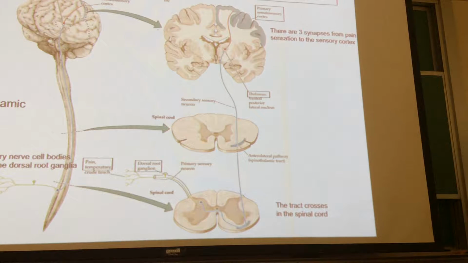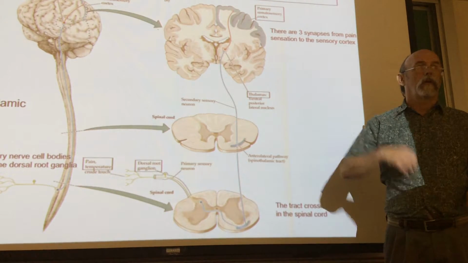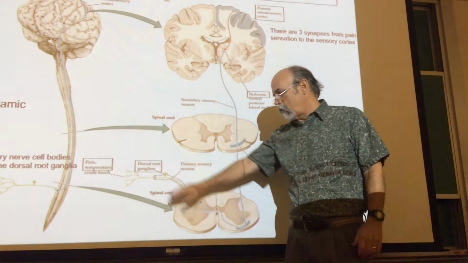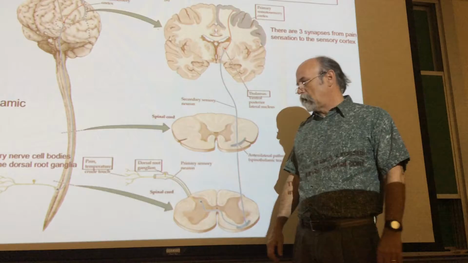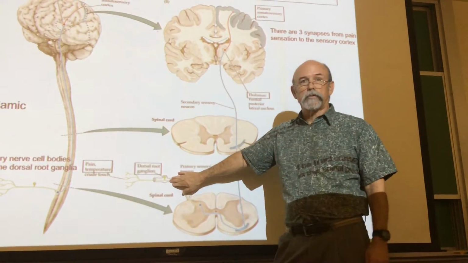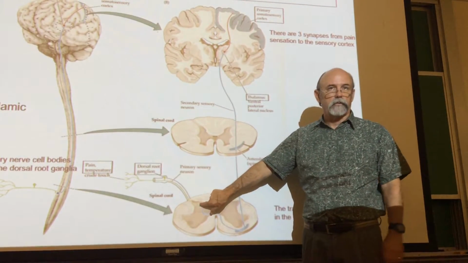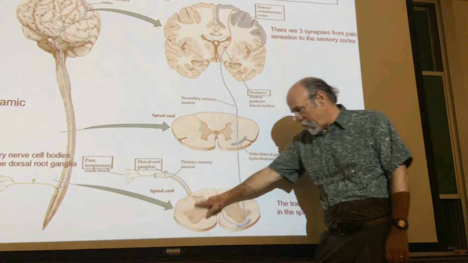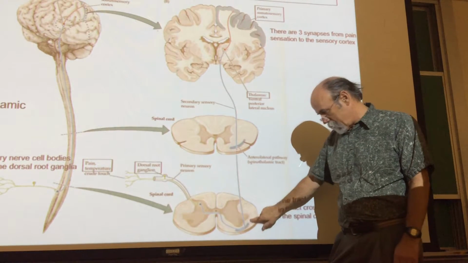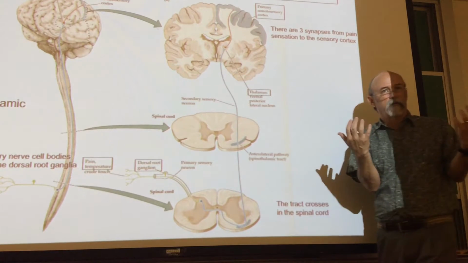Spinothalamic. As soon as you hear that, you know that it started in the spinal cord and it's gone all the way to the thalamus. You have to think to yourself, what happened? That's the one where you get pain and temperature, and you do get a little crude touch, but we just left that off. Going again through the dorsal ganglia, coming in, and in a particular patch in the dorsal part of the gray matter horn, it makes a synapse, crosses, goes through this patchy bit of tract underneath the ventral horn.